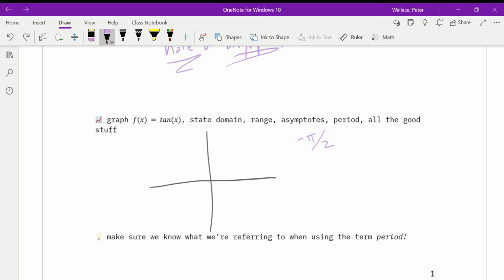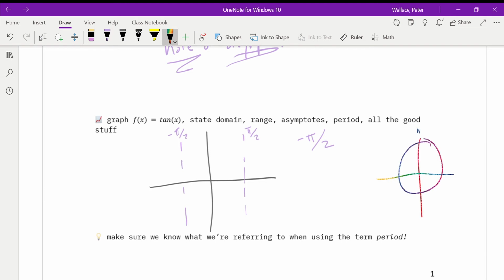So that also shouldn't be anything new, but I'm going to draw these dotted lines at negative pi over 2 and pi over 2, because we know that the value is not going to give us anything at these points, right? And if we investigate points close by, so let's say when we are getting really close to pi over 2, I'm going to draw my unit circle in this crazy rainbow color.